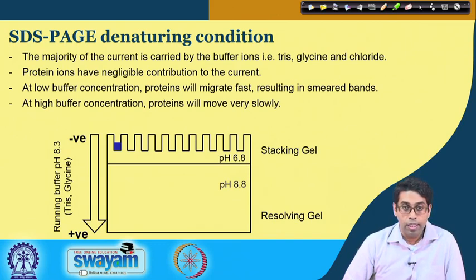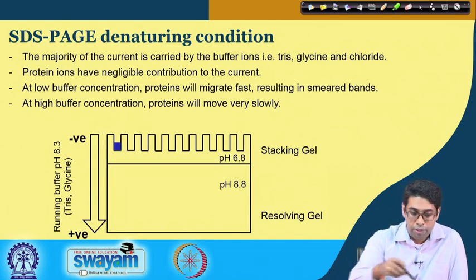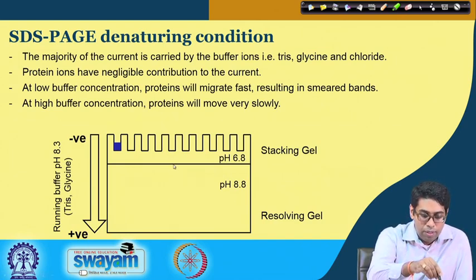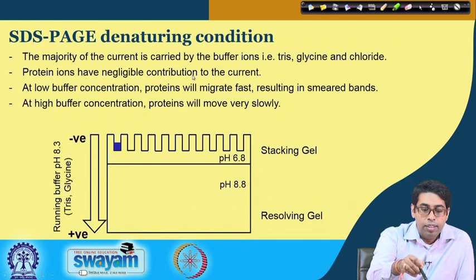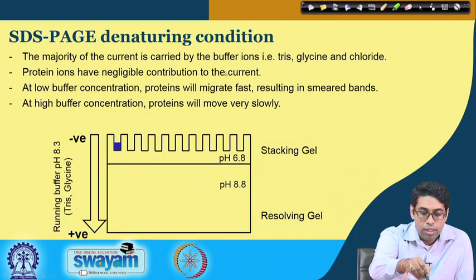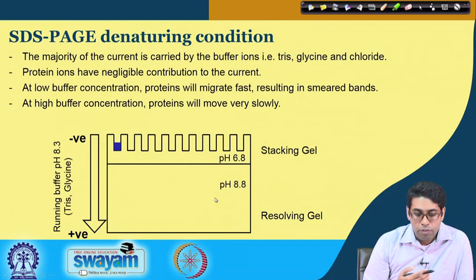If someone forgets to dilute it by 10x and makes it, let us say, 20x or even more, then the buffer concentration will be too low. Now, if the buffer concentration is too low, then the current that passes through the gel also results in faster migration of the protein, because if there are not enough ions, then the protein ions also start contributing to the total current passing through the gel, which means that these proteins will migrate fast and it will result in smeared bands.